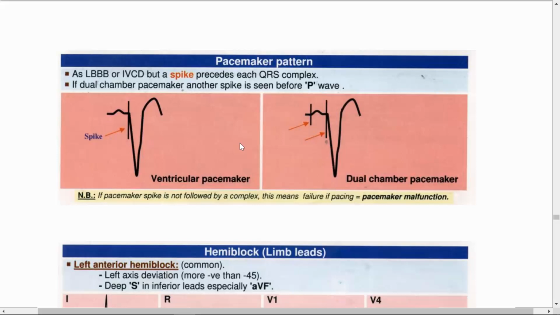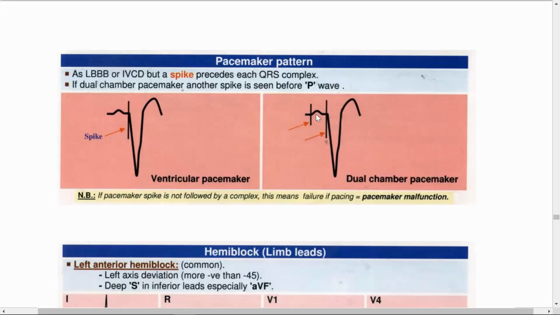Regarding the indications, if the patient has AV block, complete heart block, or sinus node dysfunction. Regarding the first, the patient has sick sinus. If the patient complains of syncope and you make a Holter for him, and you notice that there is a sinus pause.